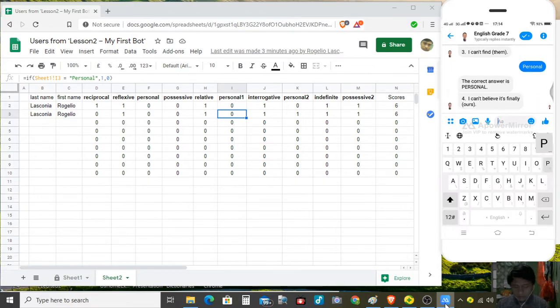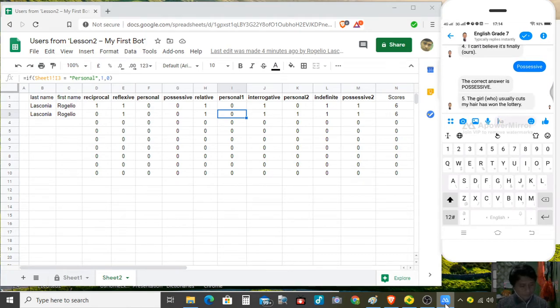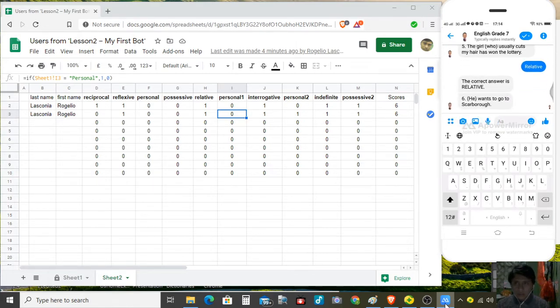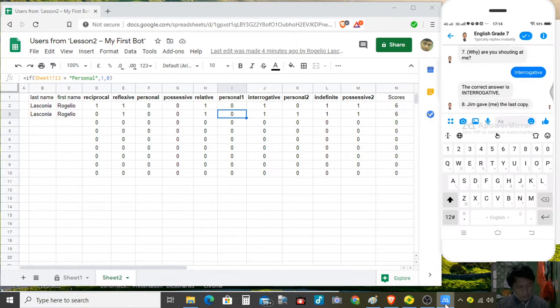Number 4 is possessive. Number 5 is relative pronouns. Number 6 we have personal. Number 7 we have interrogative. In 8 we have personal.